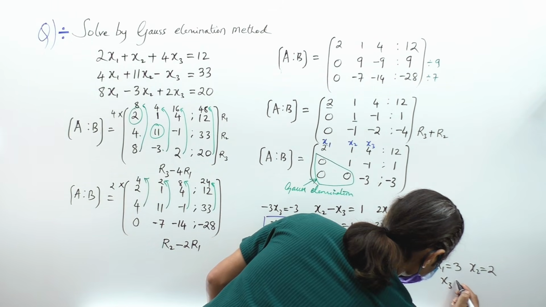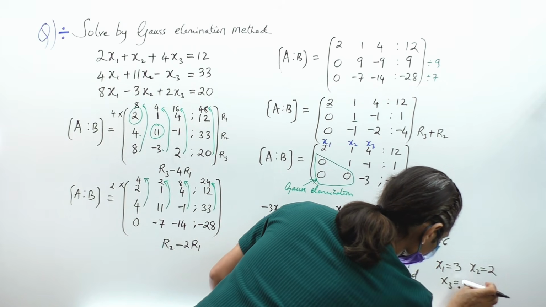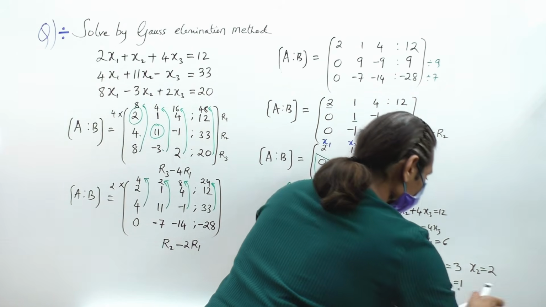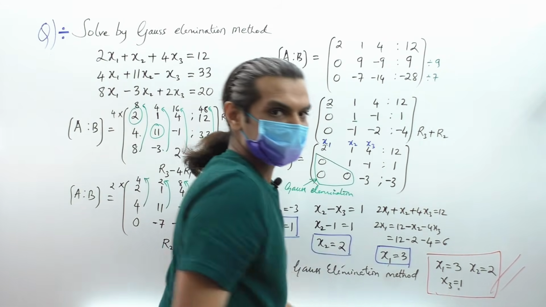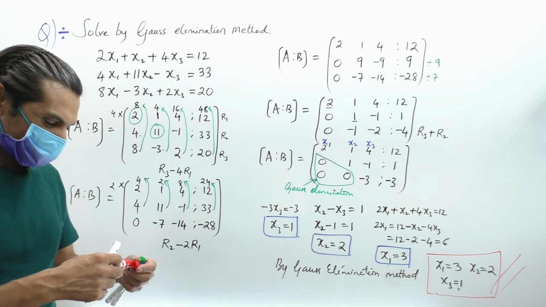That's all. So these are the values by Gauss elimination method. That's it. As easy as that.